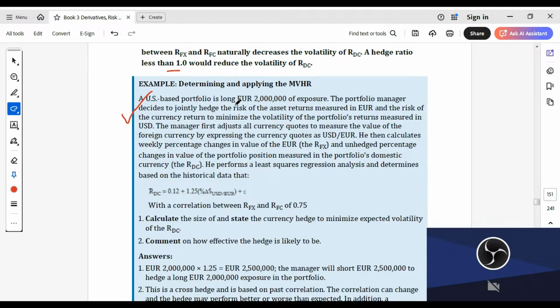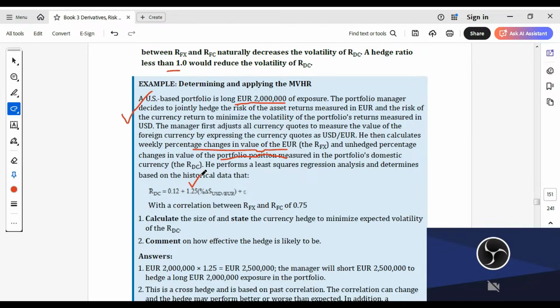US based portfolio is long euro 20 lakhs of exposure. So he calculates weekly percentage change in value of euro, which is the foreign currency, and unhedged percentage change in value of portfolio position measured in terms of domestic currency, means dollar, and then he performs a least square regression, and the beta comes out to be 1.25.